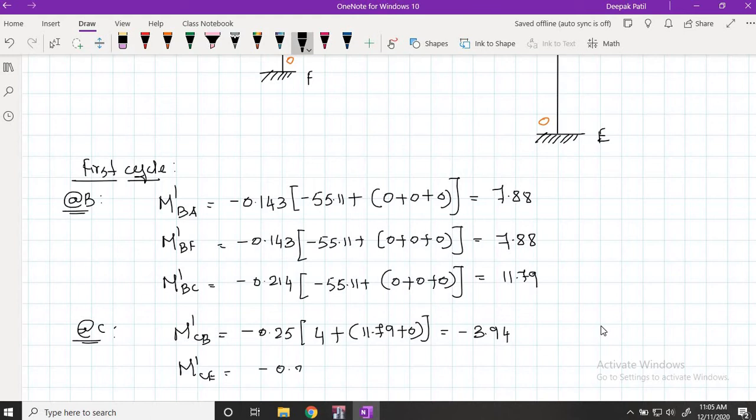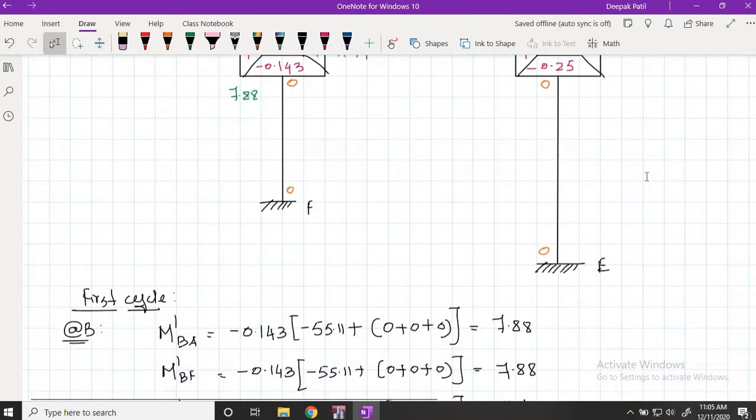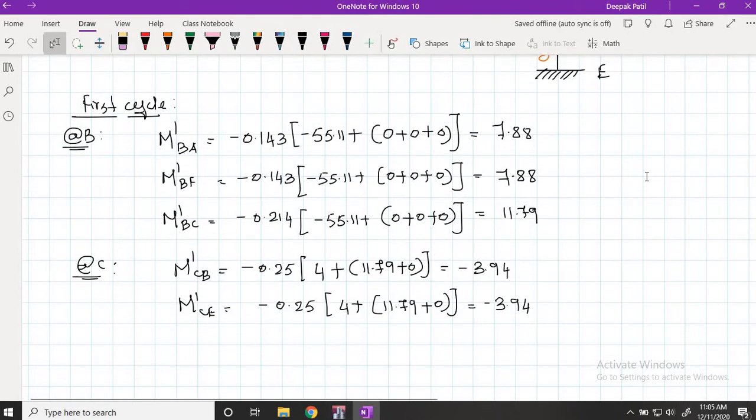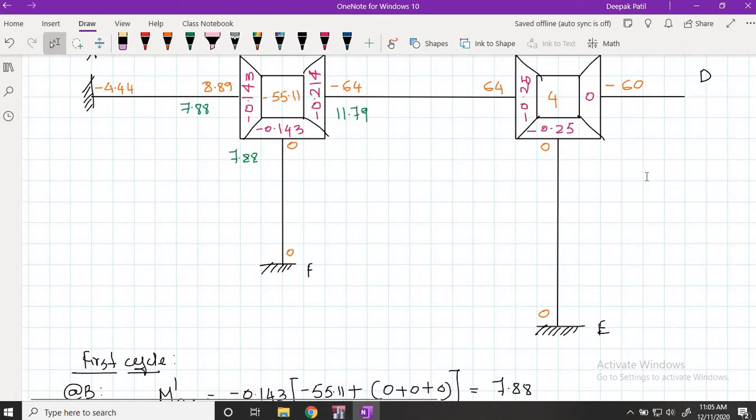Now let me calculate CE. Minus 0.25. The summation of fixed moment is 4, and the contributions from the far ends, minus 3.94. Now no need to calculate the rotation contribution of CD, because CD is an overhang, so it will not be coming. Let me update the values here.